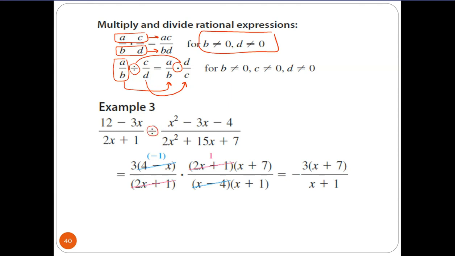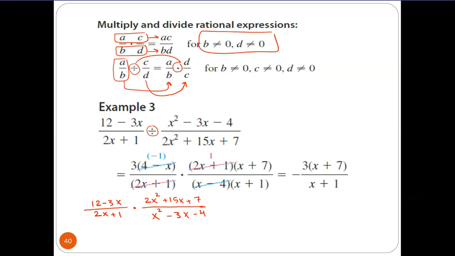Notice here I have division, so the first stays as it is, and the second we flip. Okay, so the first is 12 minus 3x over 2x plus 1, multiplied by another fraction, converting the division to a product. So put the denominator as numerator, x squared plus 15x plus 7 (the original second fraction's), and numerator as denominator, like this.